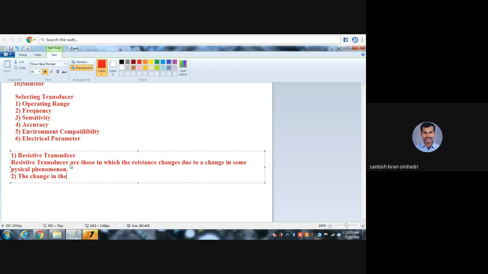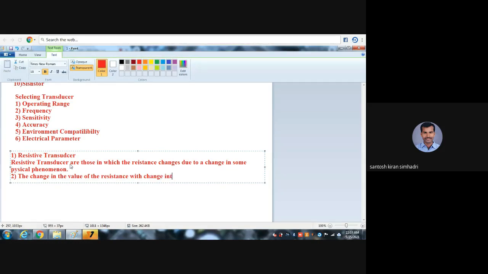The change in the value of resistance with change in the length. Yes, exactly.